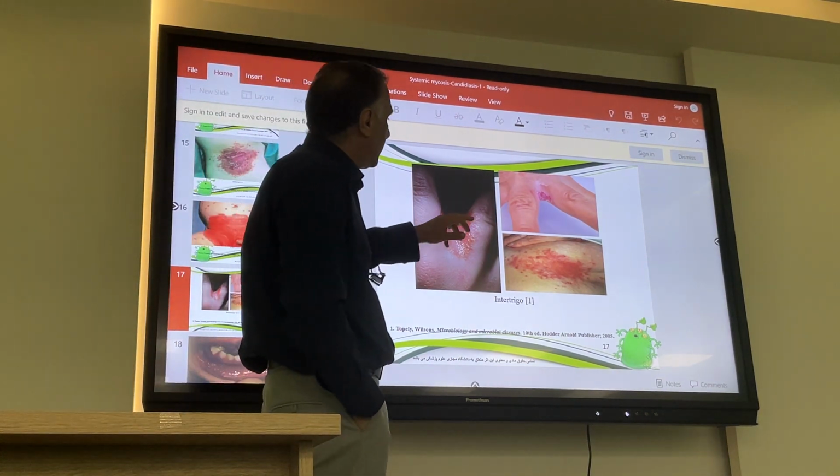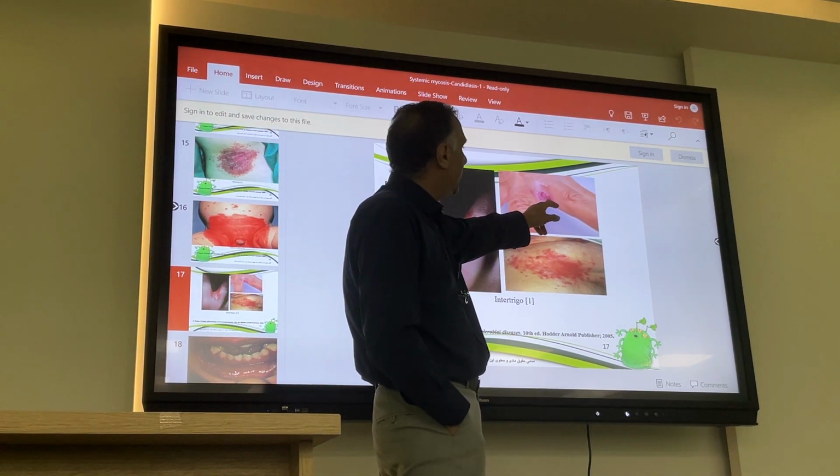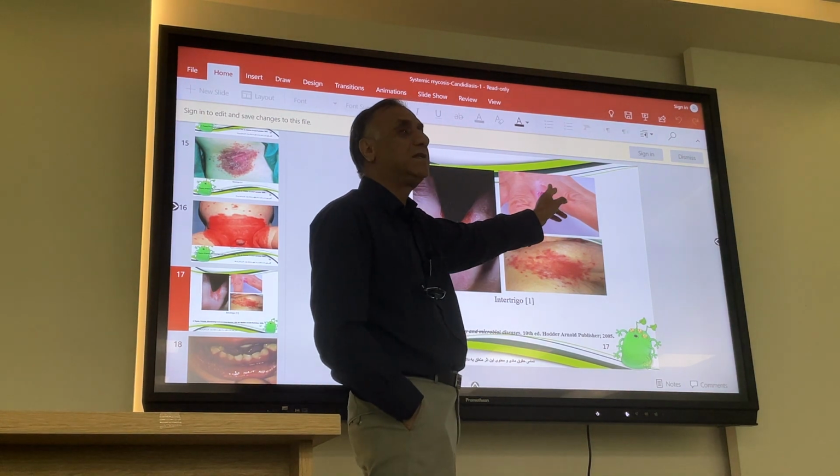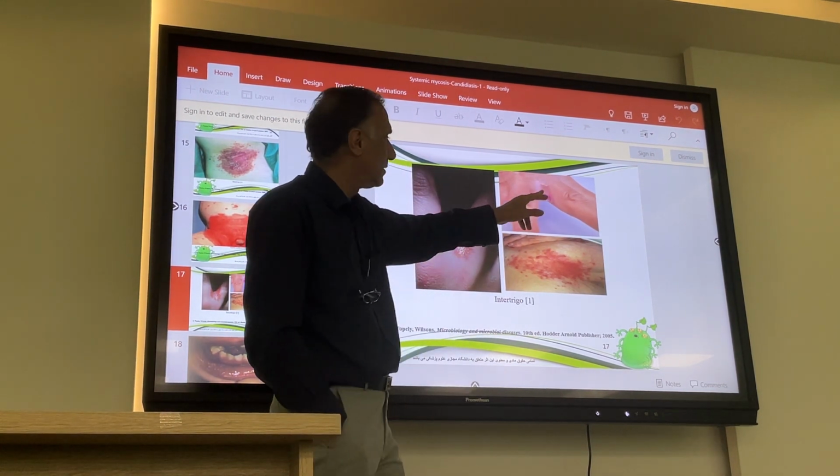Another picture: interdigital candidiasis, intertriginous candidiasis, cutaneous candidiasis.